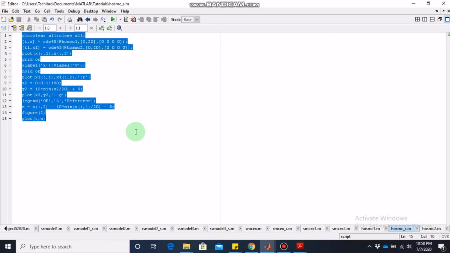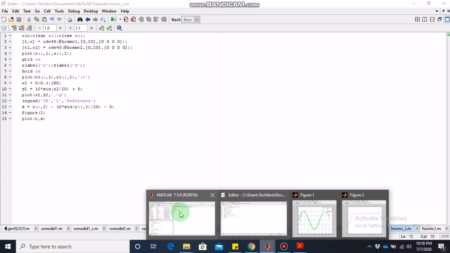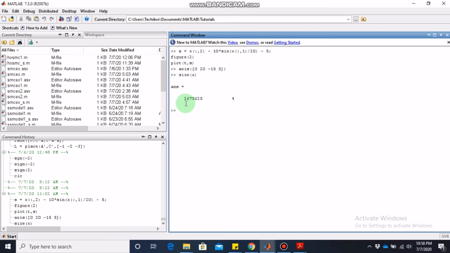And you can see once you call the ODE45 function, I can show you the size of x. So size of x, you can see here that x has more than 2 million data points and 4 columns. This means that these are 4 state variables, and in 0 to 20 seconds there have been more than 2 million data points.